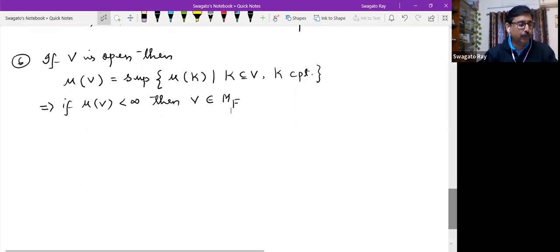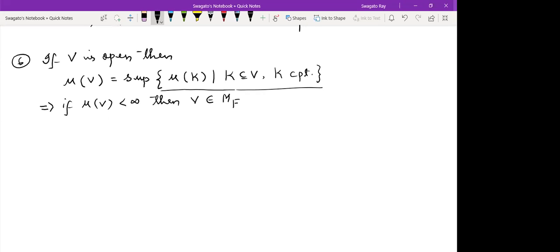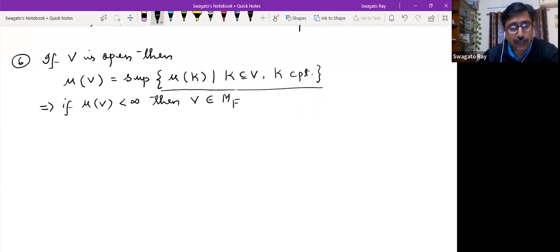Okay, let us see how we prove this. So I look at all these compact sets which are sitting inside V. By monotonicity, I know that mu of K is less than or equal to mu of V because K is a smaller set. That clearly means that mu V is an upper bound of this set. But I have to show that it is the least among the upper bounds. That means if I decrease this upper bound a little bit, then some member of the set should be bigger than this.